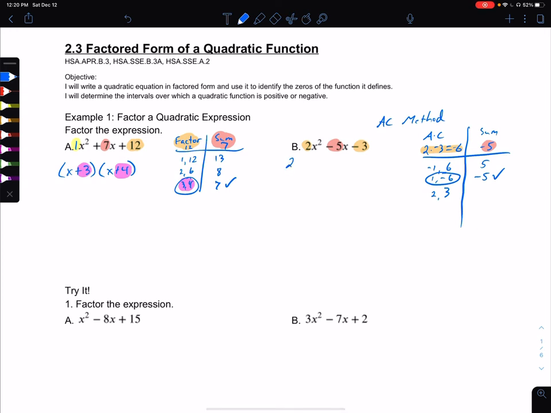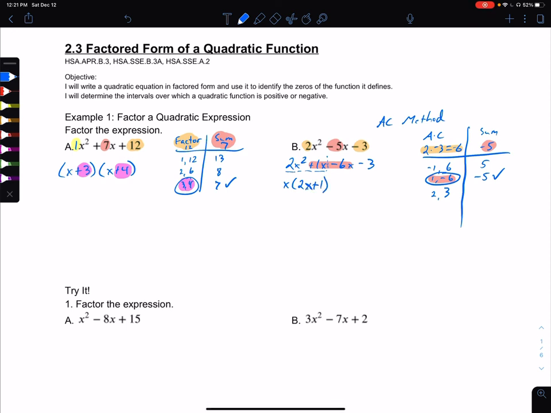So now we would rewrite this as 2x squared plus 1x minus 6x minus 3. What's happening is I'm taking this 1 and negative 6 and it's going to replace the negative 5. You're then going to factor by grouping. So we're going to look at these two, take out an x, so we would have 2x plus 1.